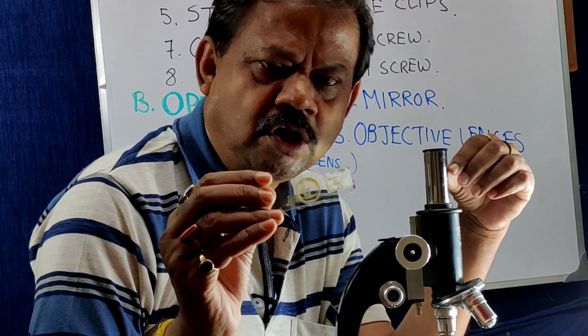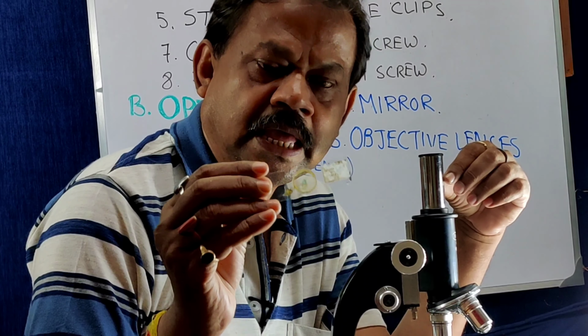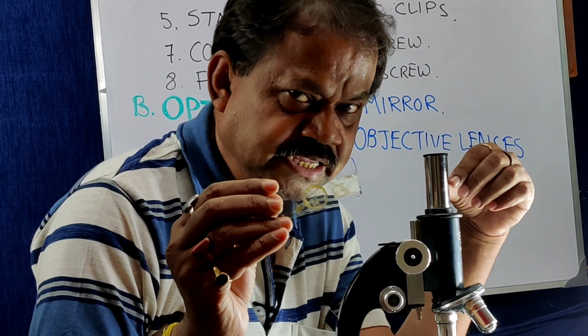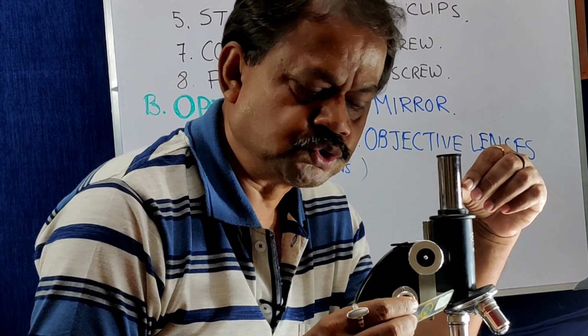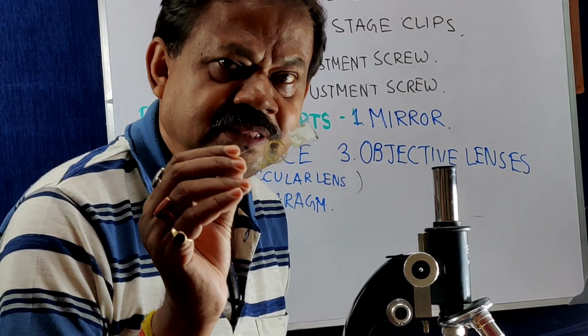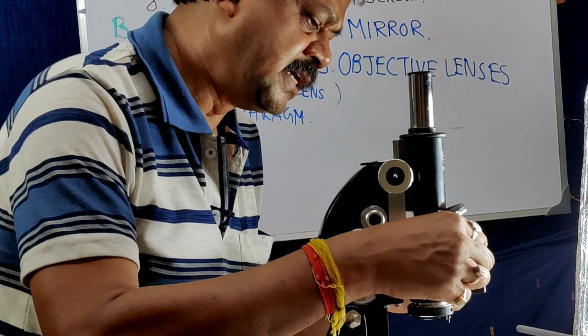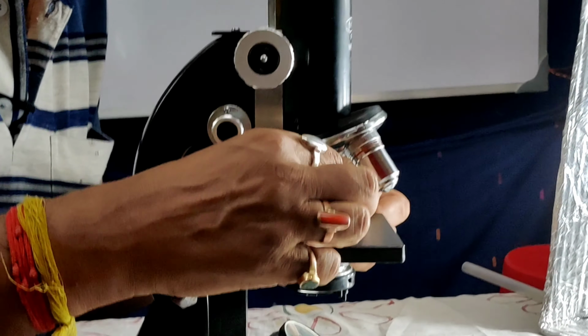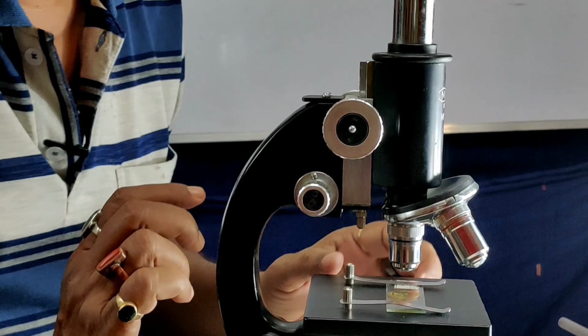This is a slide of a dicot stem, and I am going to see this slide under the microscope. We have to keep this slide on the stage and fix it with the help of the clips.